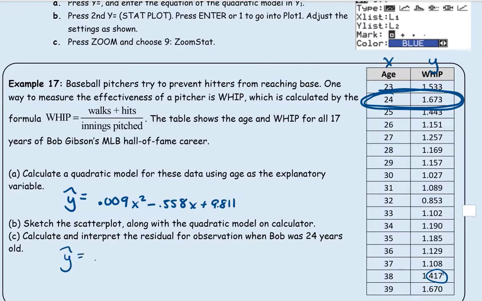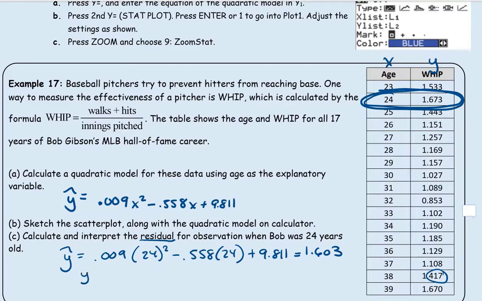We have Y is equal to 0.009, but in for X, we're going to put 24. And then minus 0.558 times 24, and then plus 9.811. And you're going to put this into the calculator, and you're going to get 1.603.